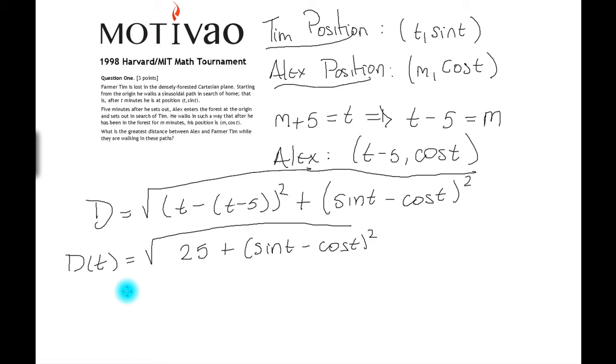I'm going to do a little manipulation just to make it simpler. I'm going to square both sides. So we have d squared equals 25 plus sine of t minus cosine of t, squared.